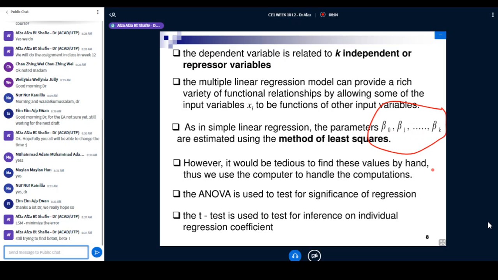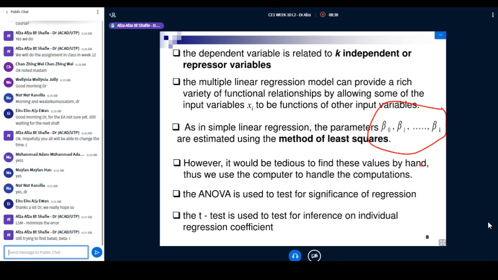So this one we don't normally do manually. But bear in mind, when we run the statistical software, we're going to end up with the ANOVA, also the R squared values and so on. So what we need to do now is run it on Excel, for example, get the printout, and just do the interpretation.